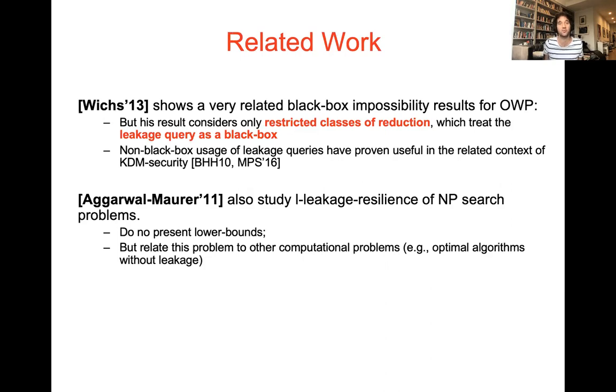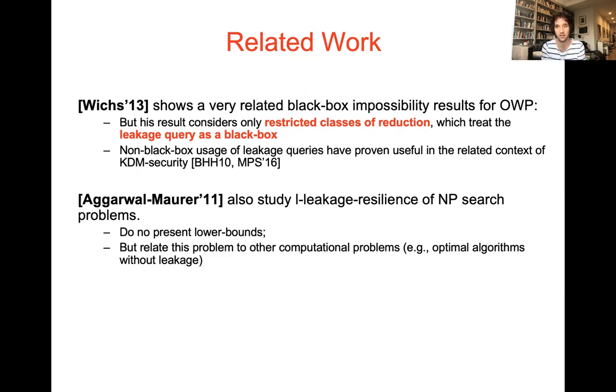Let me also mention some related work. First of all, Daniel Vix shows a very nice and related black box impossibility result for one-way permutations. The difference is that his result only applies to restricted classes of black box reductions, in particular black box reductions that treat the leakage query also as a black box.